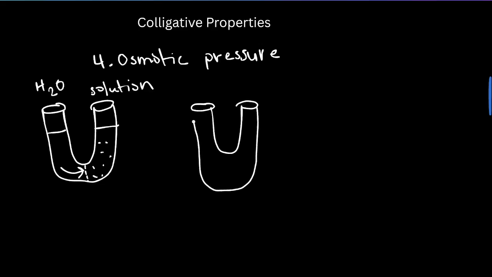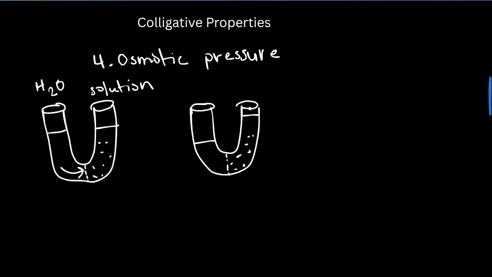again with just pure water on this side and our solution on the other, and don't forget to draw the semi-permeable membrane, we'll see that the water is going to diffuse from the water side to the side that has all these solute particles, the solution, leaving less water here and more there.